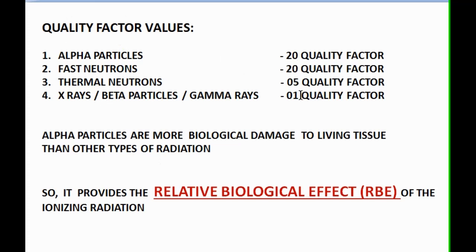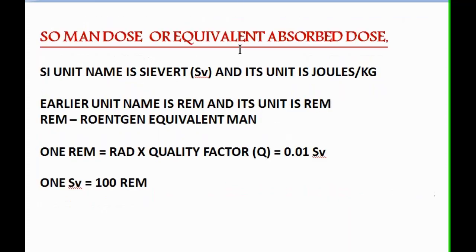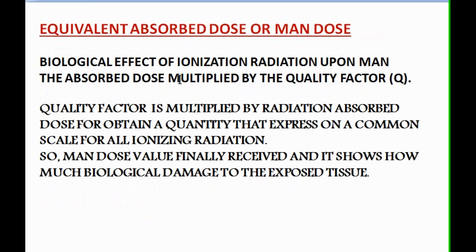So 20, 5, 1, the variation is mentioned here. Alpha particles cause more biological damage. So if exposed to alpha particles, the damage to the exposed tissue is multiplied by 20. The man dose, that is the equivalent absorbed dose, is equal to absorbed dose times quality factor.